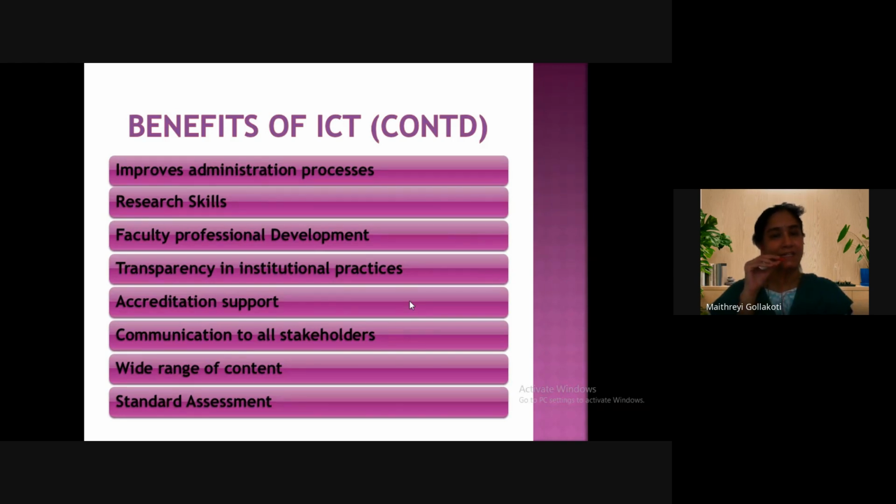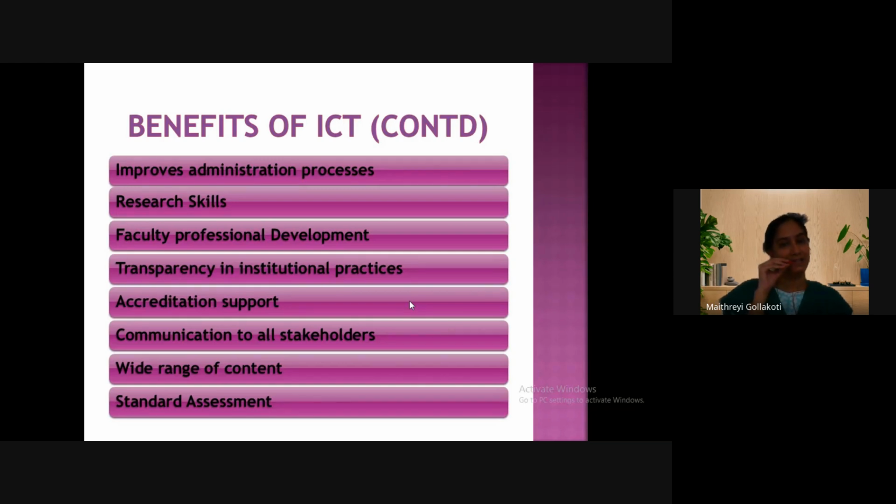Benefits of ICT continued. It improves education, and not just education, it improves the administration process also. Nowadays, for every course we have counseling, isn't it? We apply online, we take choice options online, and after that the students approach the colleges and they pay fees online.